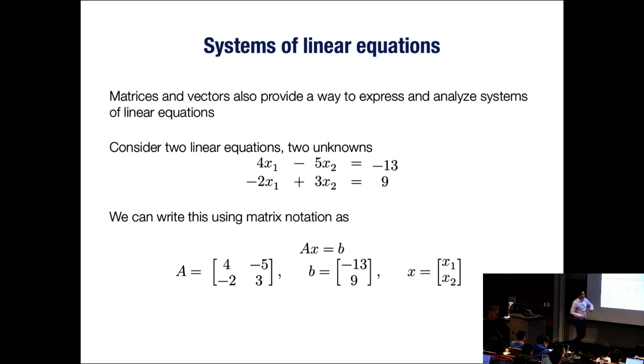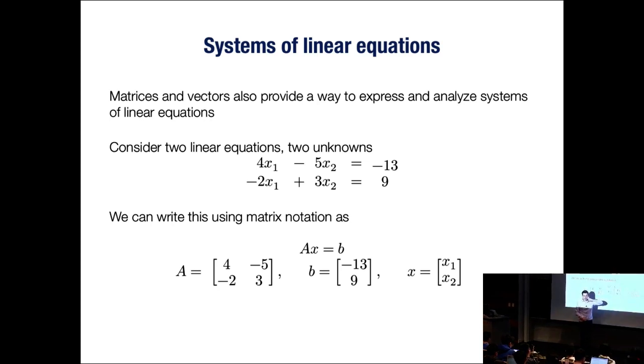So let's talk about this set of linear equations here. We have two equations and two unknown variables, x1 and x2. Our equations are 4x1 minus 5x2 equals negative 13, and negative 2x1 plus x3 equals 9. Now, that gets cumbersome to write after a while.